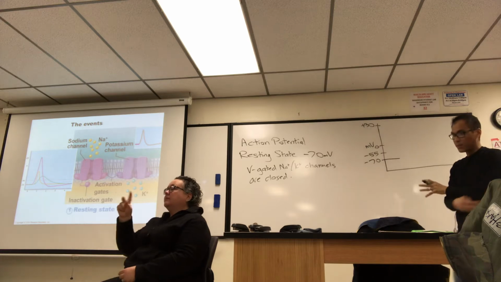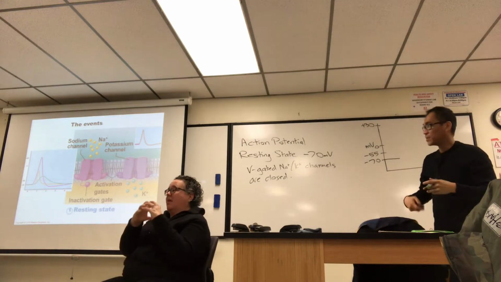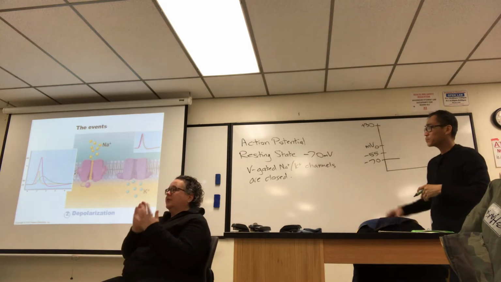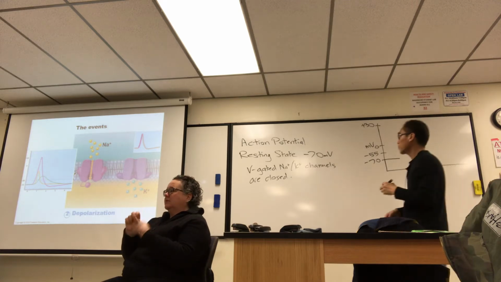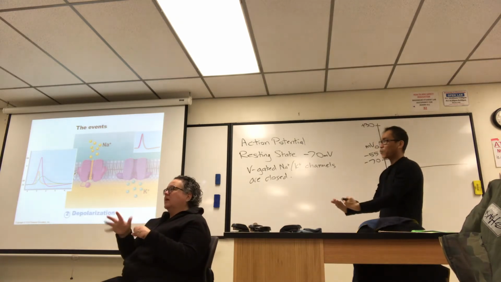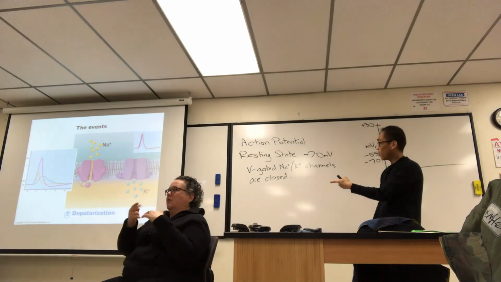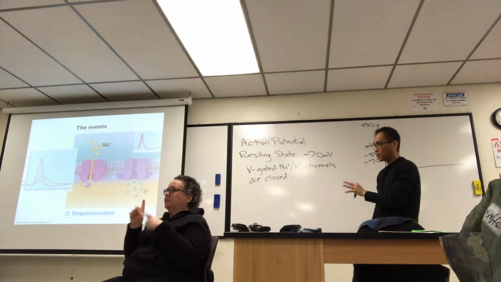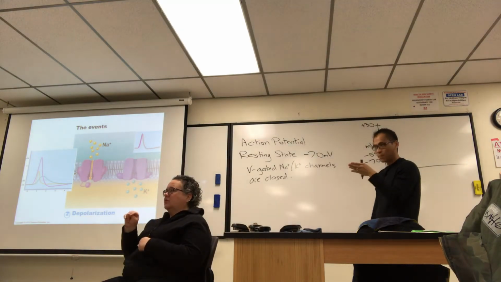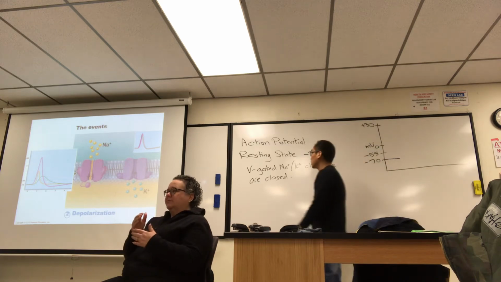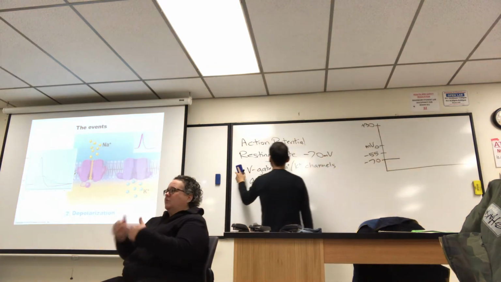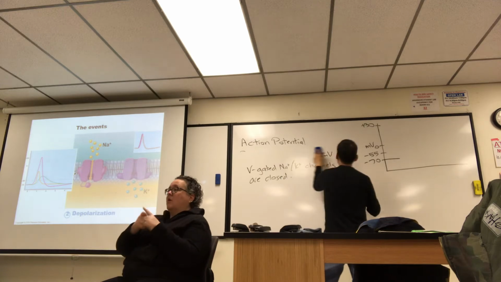Okay, so then to stimulate the cell, you have some graded potentials. You have to kind of reach threshold to get to depolarization. So prior to depolarization, kind of like step 1.5, I guess, you have to reach threshold from resting state.